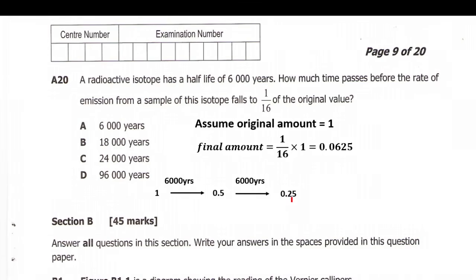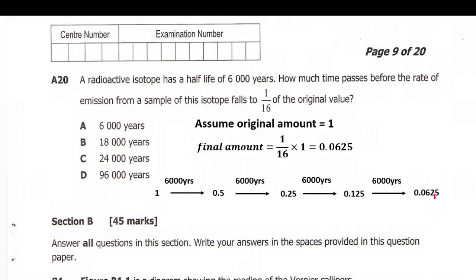Again, this 0.25 will halve in the same time, 6,000 years, to go to 0.125. Then this 0.125 again will halve in the same time, and then it will go to 0.0625.